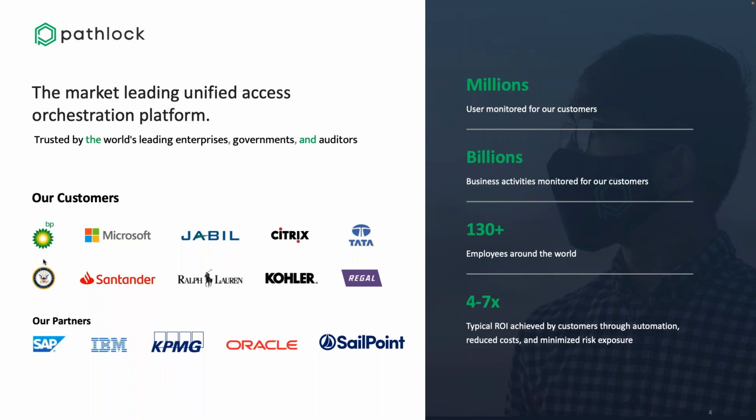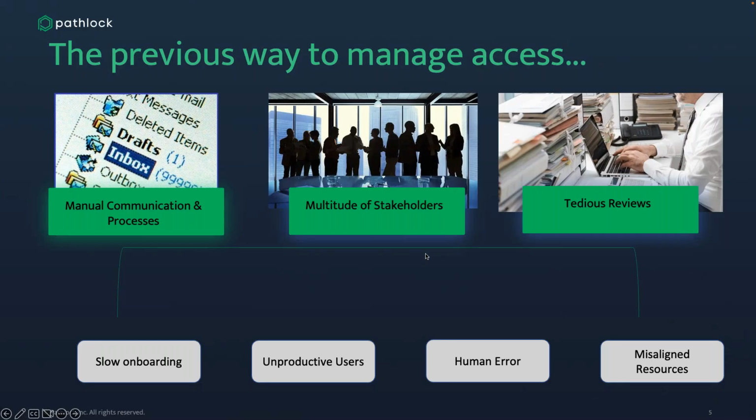So let's go ahead and jump into really the content at hand. So one of the ways that we wanted to start to talk about this is really the way organizations have previously managed access. It's always been kind of a manual process in communication.